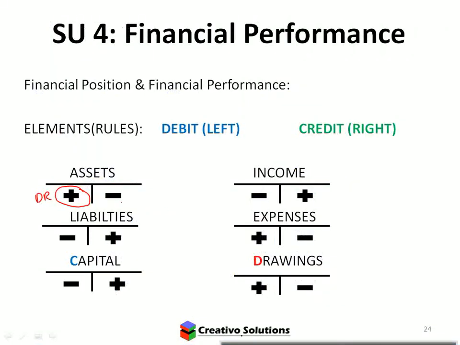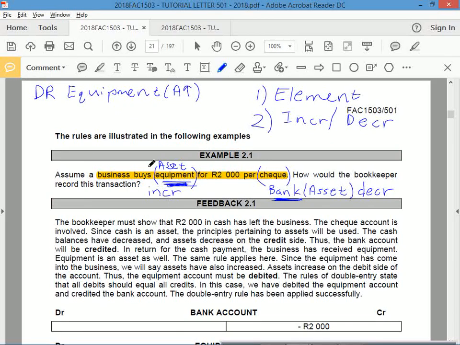Where does an asset decrease? On this side. Does that make sense? Okay, so I write that down because that's my workings. Okay, this little bit here on the top, I do all the time. Okay, that's practice, that's analysis. I'm going to give you some homework and you can go look at some activities to try this. Okay, I'm going to do more with you next week as well. Okay, so debit, equipment, credit what? Bank.